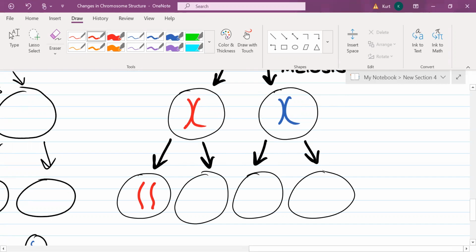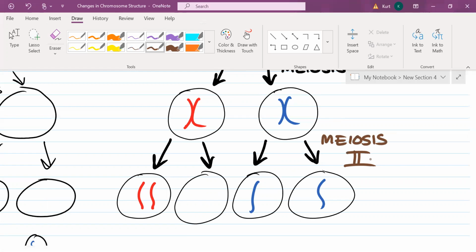Now look what happened. One of the cells ended up going through non-disjunction, the other one didn't.